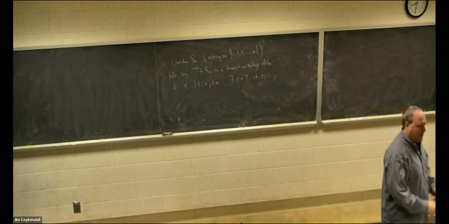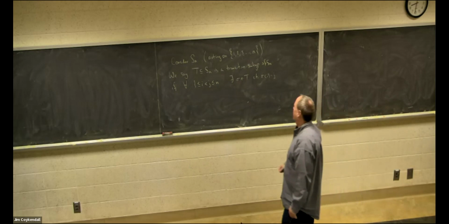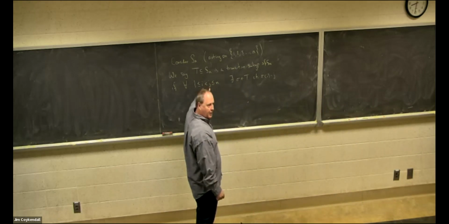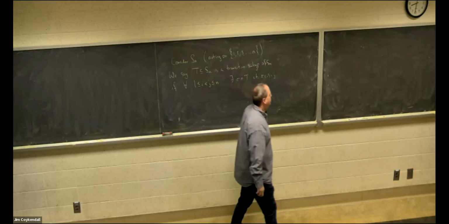Right. So take any two things that you're permuting, there is some element of T that takes i to j. So let me give you an example.